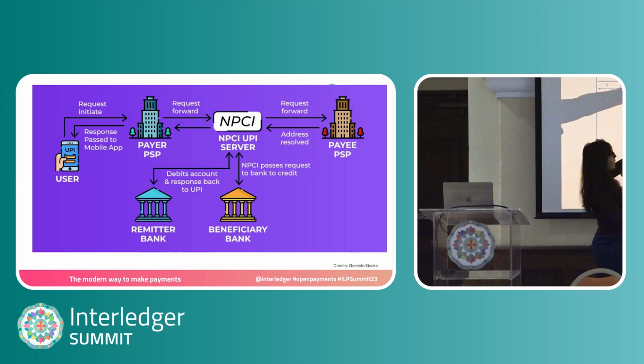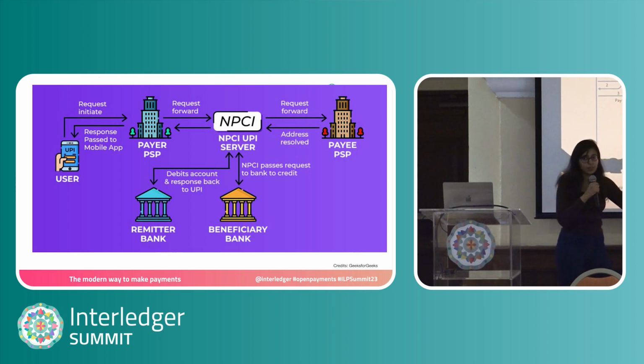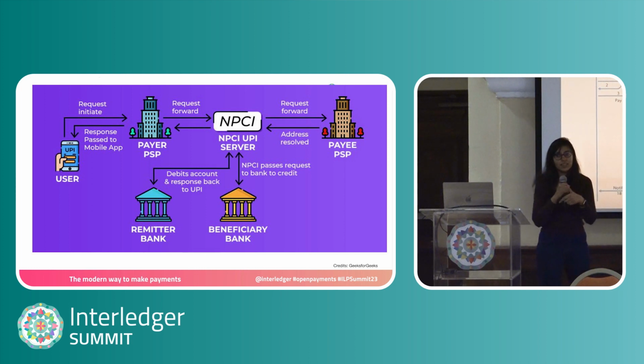Next, it will contact the payee's bank, the person you are sending the money to. It will contact the nearest PSP on which the payee data is stored, retrieve that data, and send you a notification saying that this much amount has been debited from your account, and also send a similar notification to the person you're sending the money to.